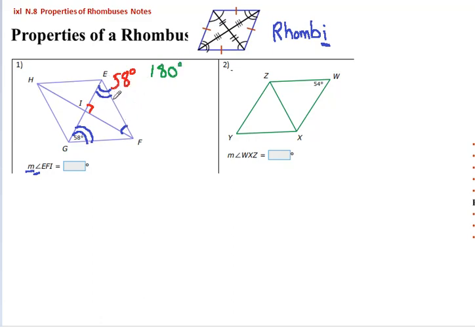Any triangle is 180 degrees. If you take away that 90 degrees right there, you're left over with 90. So these two together will make up the other 90. When you subtract 58 from that 90 degrees, that will give you 32 degrees. So the measure of angle EFI is 32 degrees.